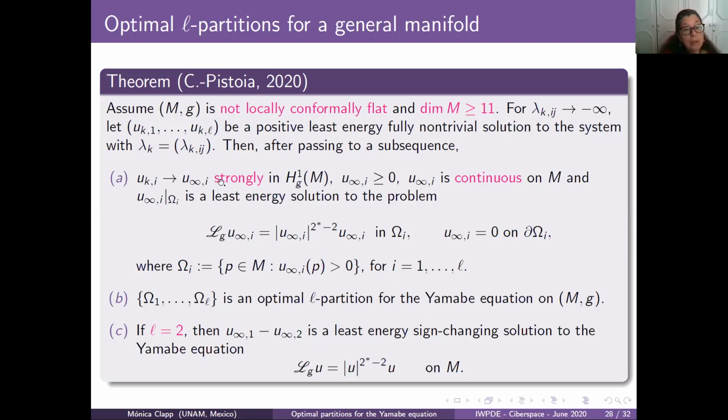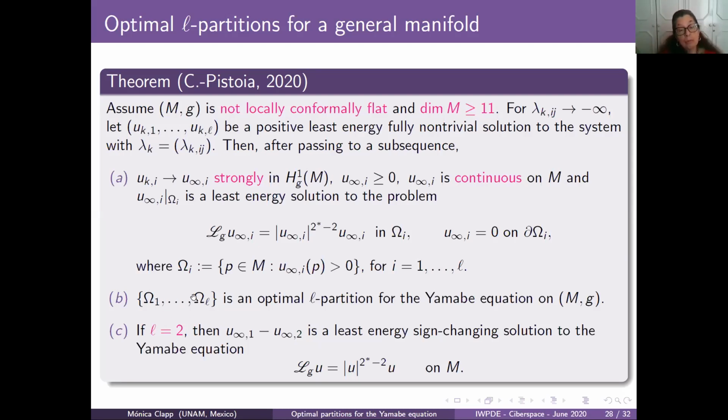So the components converge strongly to a function u infinity, which is continuous. If you look at the domains omega i, where this function u infinity is strictly positive, they are open because this function is continuous, and the function u infinity solves the Yamabe equation in omega i. Moreover, this collection is an optimal partition for the Yamabe equation.